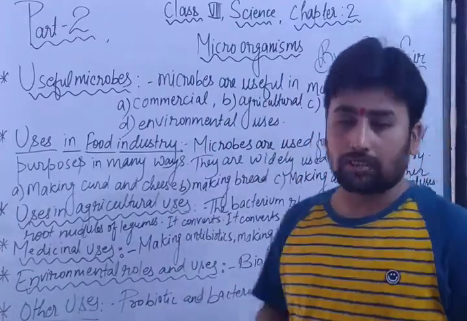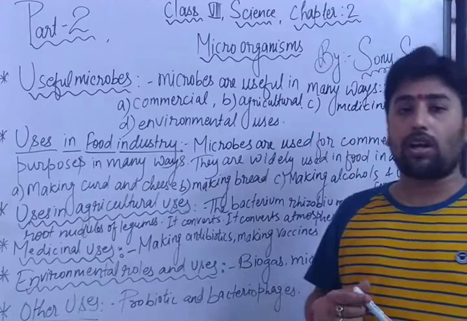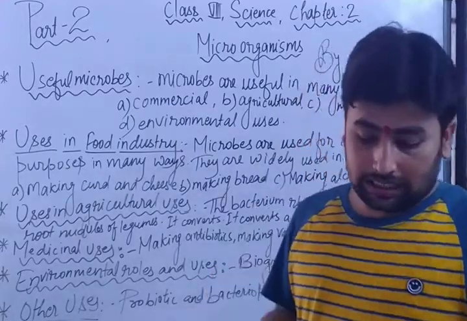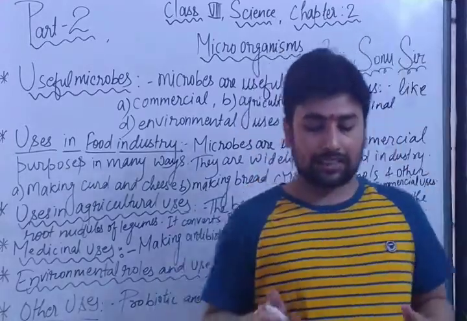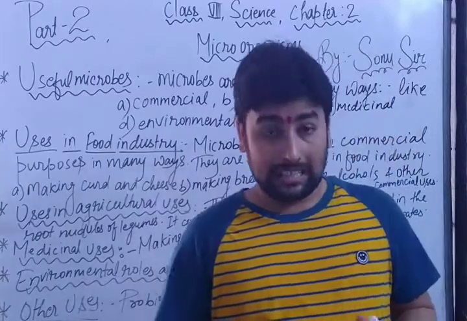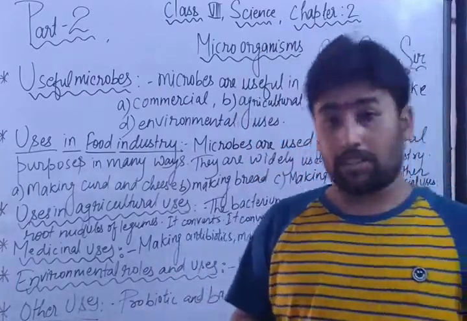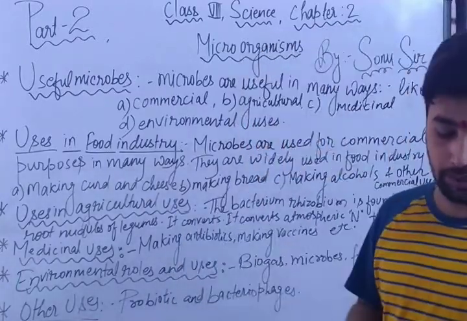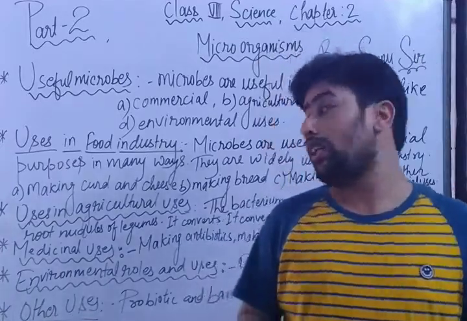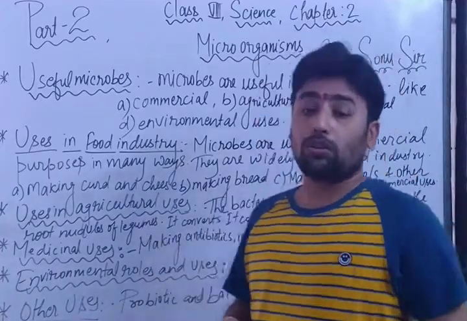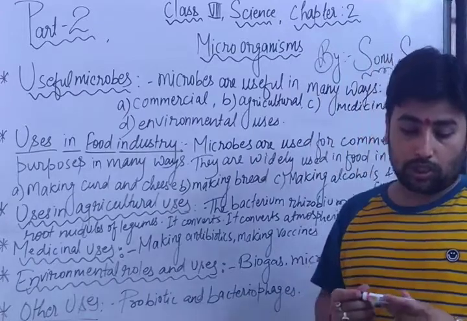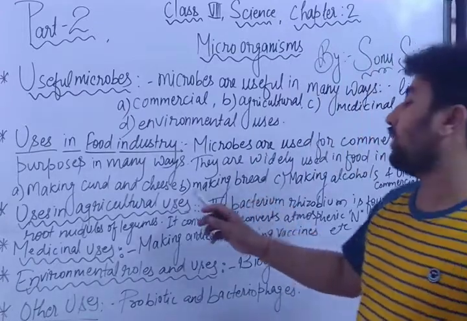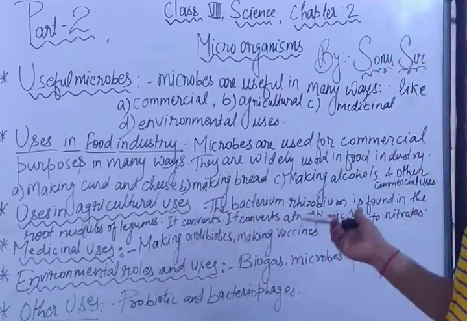That's why alcohol is also added, and this carbon dioxide makes these things very spongy. Just like the examples I have given you, bread, naan, you may also have eaten bhatura, pizza. All these things are because of carbon dioxide and alcohol. So yeast, a microbe, is used to make bread and their items.